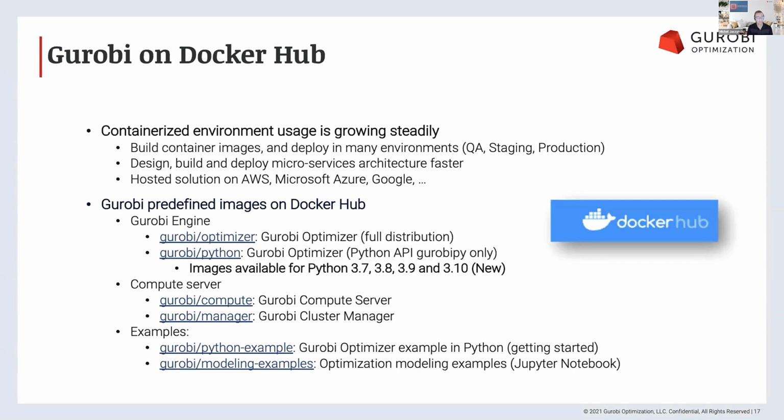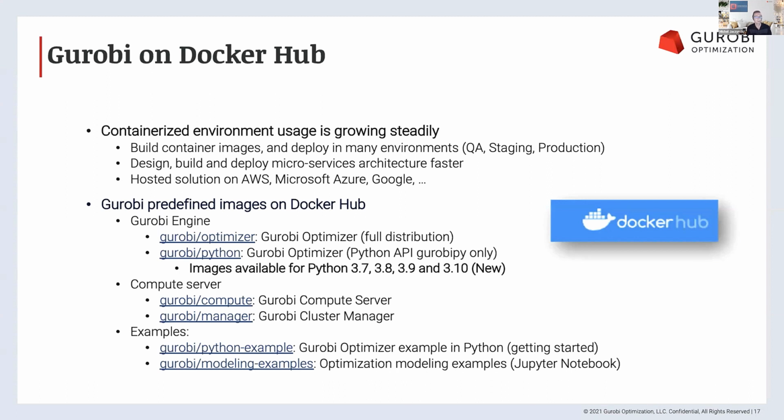So to support that, the first thing we have done is to provide predefined images on Docker Hub. We have different types of images. First, about the engine. So we have the Gurobi Optimizer, which is the full optimizer distribution. We have the Gurobi Python image that will contain only the Gurobi Py API for Python.